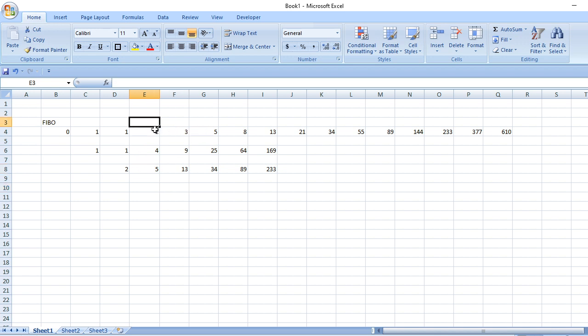See, it's one after another, alternating. 2, 5, and then 4 plus 9, 13. Then 9 plus 25, 34, which is nothing but a Fibonacci number. See, every alternate number. You can see that? That's a beauty. So this is the greatness of Fibonacci numbers.